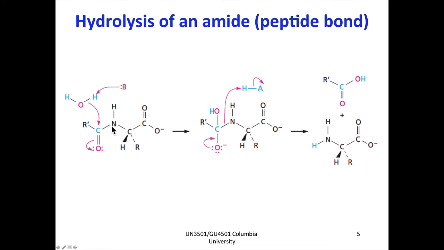And if we wanted to see the hydrolysis of an amide bond, that would involve attack of water, so it's hydrolysis, on the amide carbonyl. The electron density goes onto the oxygen, and we have, again, this tetrahedral intermediate. Electron density comes back down. Now the leaving group is the nitrogen, the amino group.